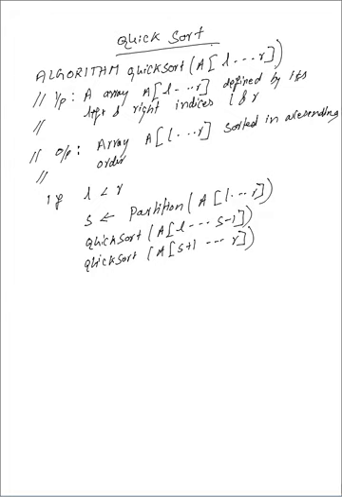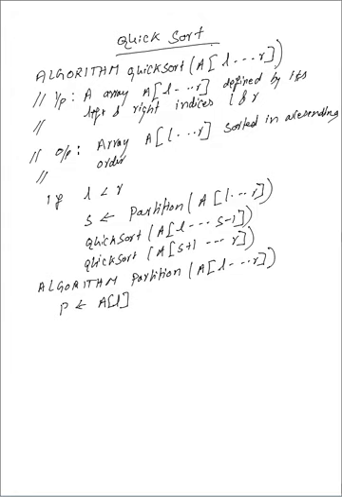Now what is this partition? What we are going to do in this particular partition? When it comes to the partition algorithm, note down everyone, we are sending an array, full array, L to R. Now first, let the pivot element be the first element, that is A of L. L is the leftmost, that is low.